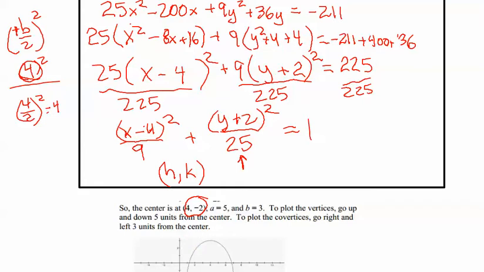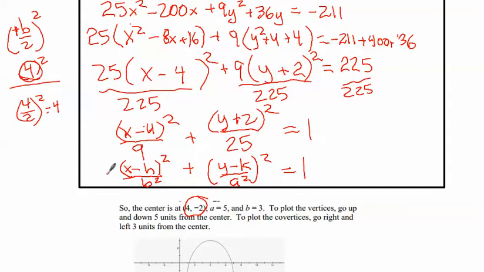All right, so I can go ahead and throw up the general form of the equation again. So general form here is x minus h squared over b squared plus y minus k squared over a squared equals 1. And this is for one where the major axis is vertical.